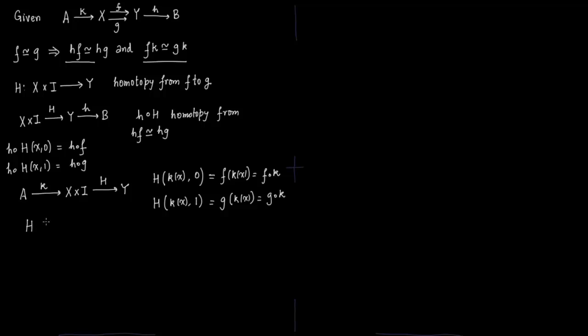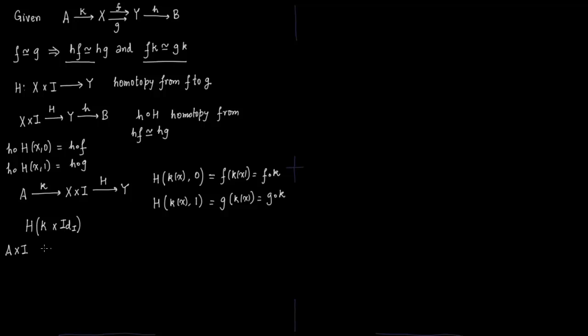So this homotopy you can write as H composed with K times ID on I. So you have K and then times ID on this unit interval 0 to 1. So that will give you the continuous map.